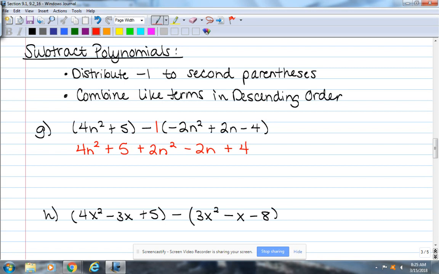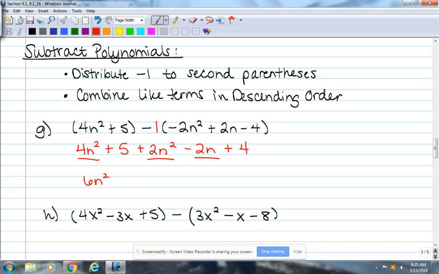Now what's my second step? Like terms in decreasing order or descending order. So what's my highest exponent I have with my n's? N squared. So combine my n squares. 4n squared plus 2n squared is what? 6n squared. And then what comes next?